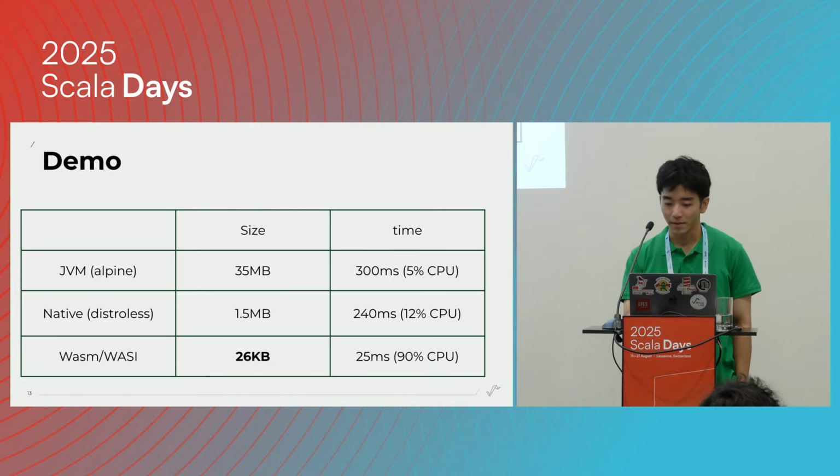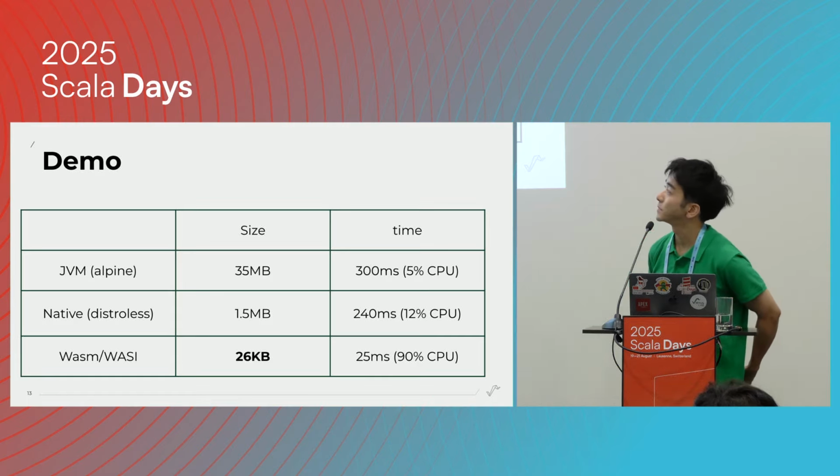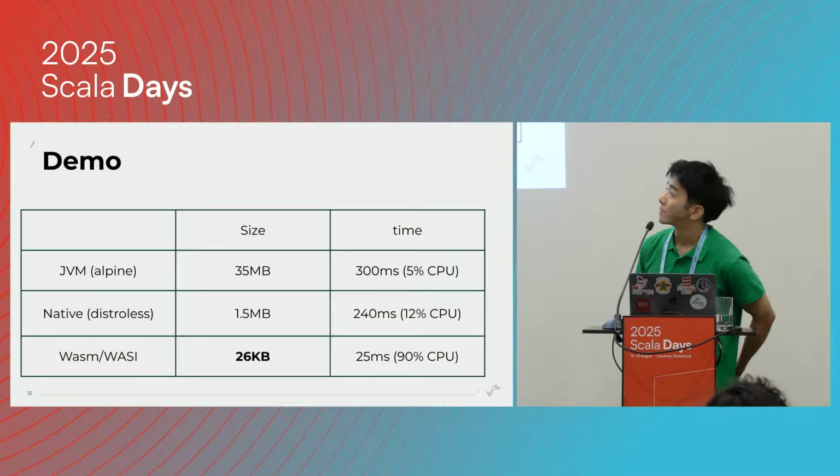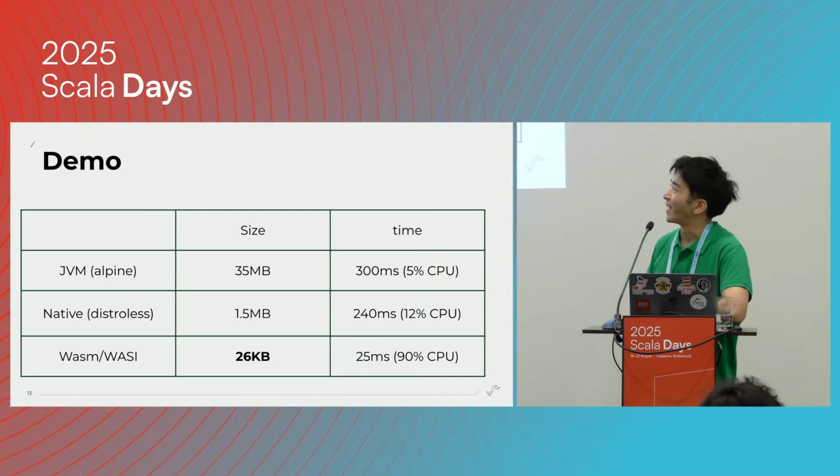Hi, yeah. I'm just wondering, have you tried to run the Scala native one natively and see it? Have you tried to run it without Docker around it, just to get the numbers? So you mean without Docker, Scala native? Yeah, Scala native, run it without Docker.